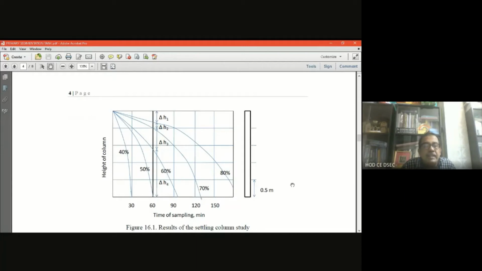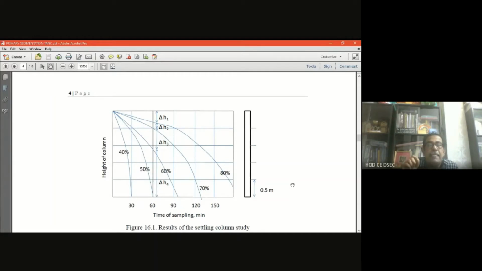This vertical line will cut the curve at some suitable points, and the connecting points from the top you can designate as delta H1, delta H2, delta H3, delta H4. What does it mean? The curve shows the removal efficiency between 100% and 80%, which cuts the vertical line at delta H1.